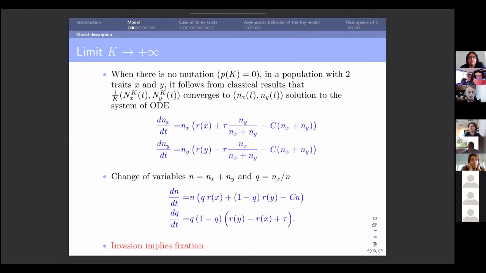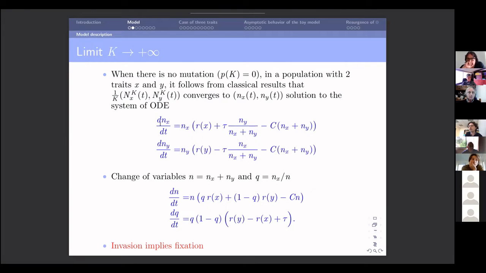Actually, it's very classical to prove that this process, 1 over k (NXt, NYt), converges to some deterministic function (nxt, nyt). And here, for simplicity, I assume that there's no mutation, and that there are only two traits, X and Y. It could be written in more general settings, but for the moment, let me just restrict to this case.